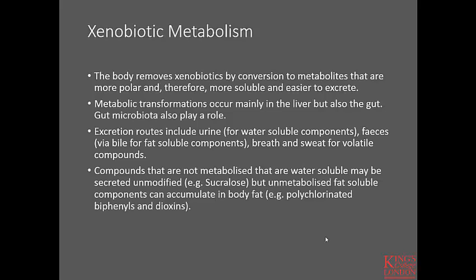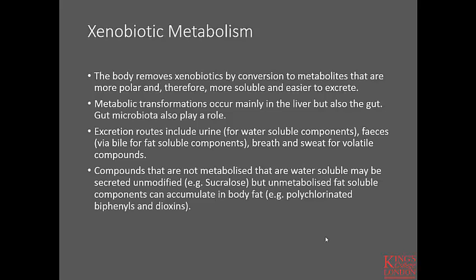So the body removes xenobiotics by converting them into metabolites that are either more polar or more easily excreted by the kidney or some other route out of the body. Generally, the main organ involved in this particular function is the liver, but it also to some extent involves the gut, because the gut microbiota will also play a role in xenobiotic metabolism in some cases.